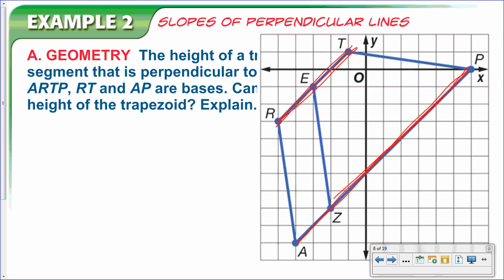So my height should be what? It's gotta be perpendicular to the base, doesn't it? Everybody see that? It can't be EZ here because it's not perpendicular to the base. You guys with me? Okay.